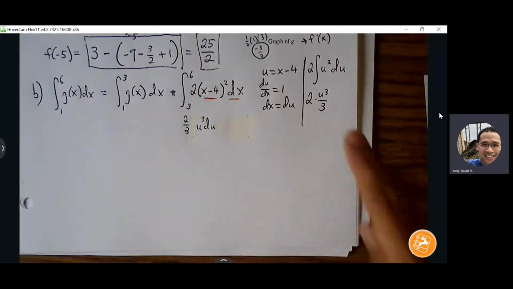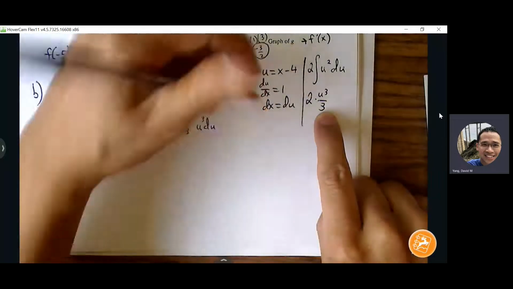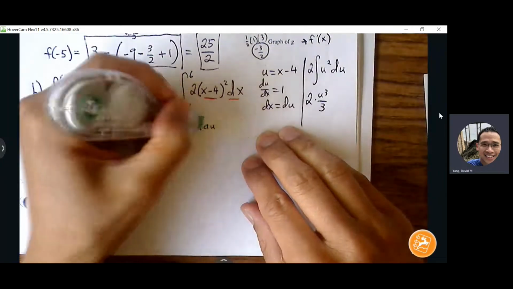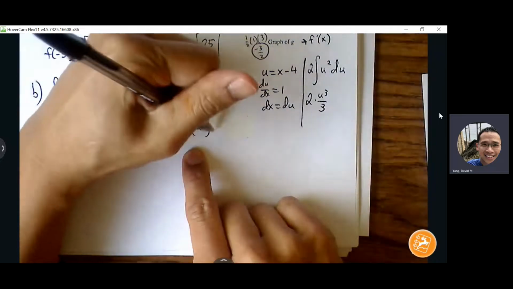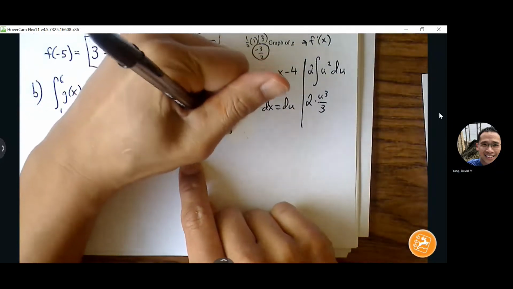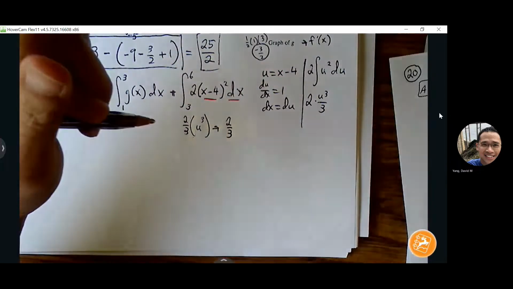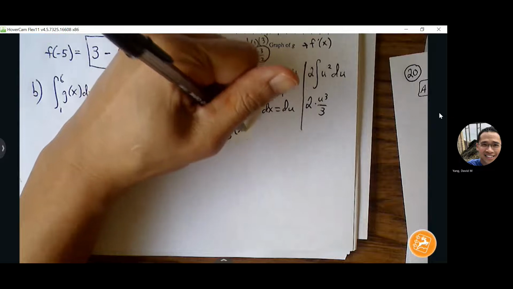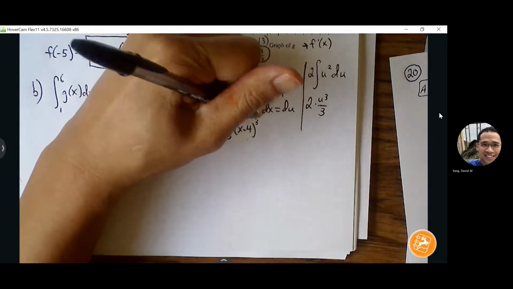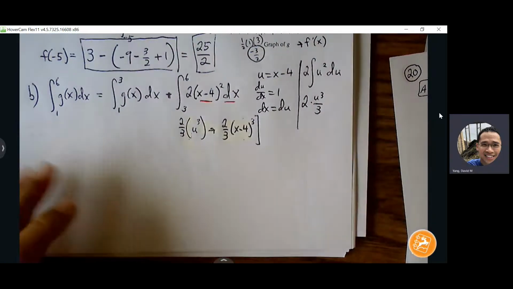Okay, sorry. 2/3 u cubed over 3. du is also gone. I already did all the calculus here. Now I just want to bring my original variable back, and then work in my upper and lower bounds.